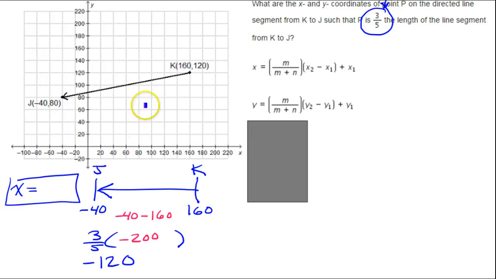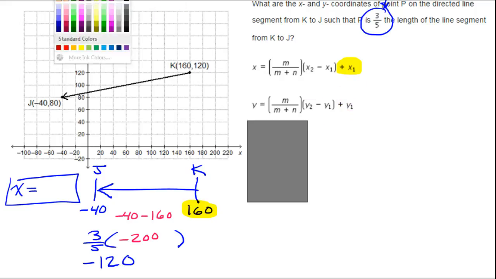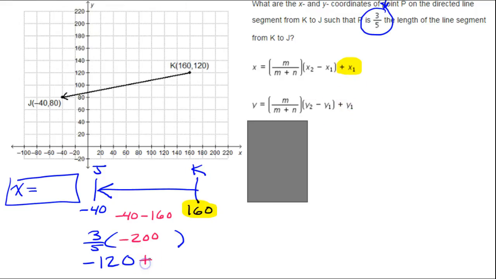So what I need to do now, and again, the formula is reminding us, is add the first x value, which in this case is 160. We're going to add that on. So I'm going to add 160, and that's going to give us the final answer. Negative 120 plus 160, that's going to be positive 40.